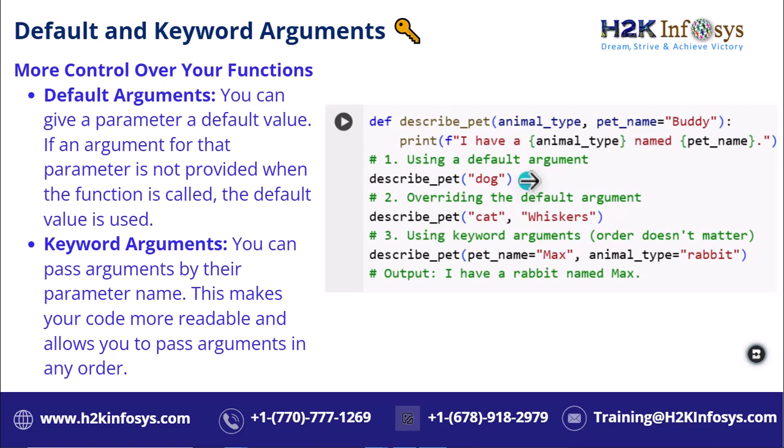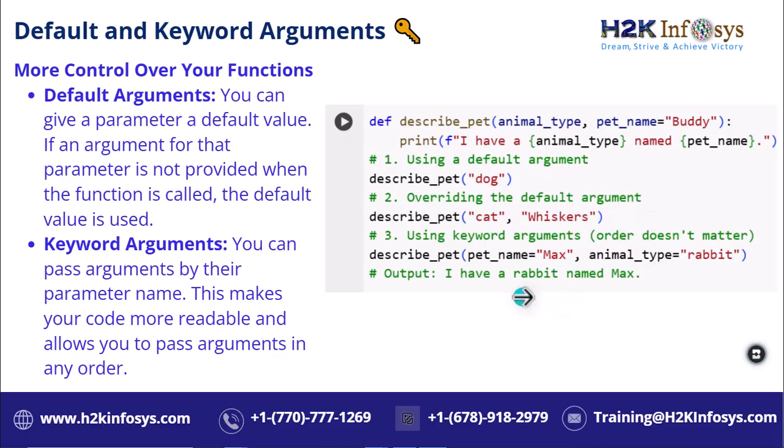So describe pet dog is there. When I write dog, it will be printed and its name will be considered as Buddy only. And then here I have changed it. It will accept that. If you don't write, it will name it as Buddy. Here it will type it as cat and Whiskers.